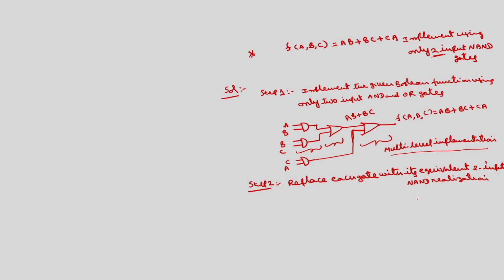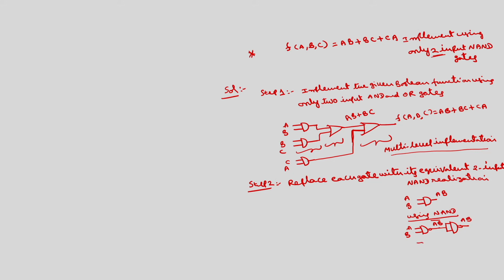So, AND operation, how to implement the AND gate? For example, if you have this AB, this is AB I want. So, using NAND, how to implement this? Simply if I take the NAND, I will get AB bar, but we want AB only. So, what you have to do? We have to take a NAND gate, but the inputs are same. AB bar whole bar will be AB double bar, which is equal to AB.